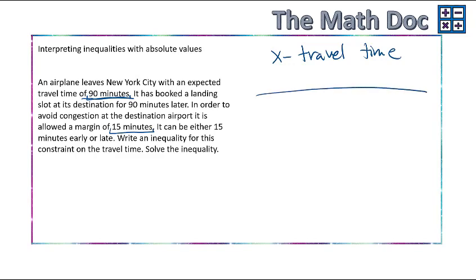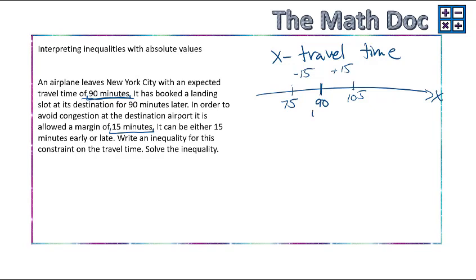So if this is the travel time, x, we have here 90, and we can go either minus 15 minutes or plus 15 minutes, right? So we can go to 105 or down to 75 minutes, depending, I guess, on wind and other variables in our flight time.